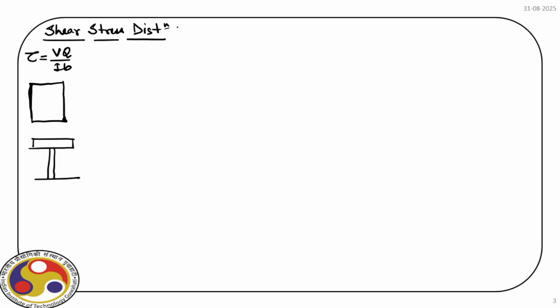Now the question is, if you have an unsymmetric section, how do we derive the expressions for tau, and what is the impact of tau in that case?